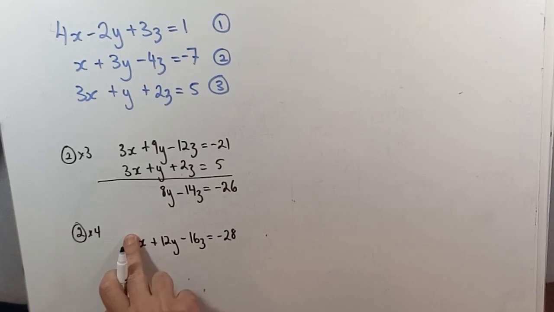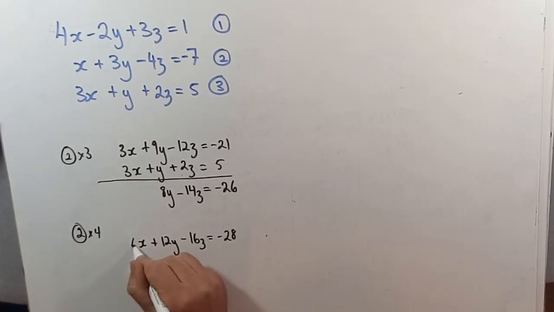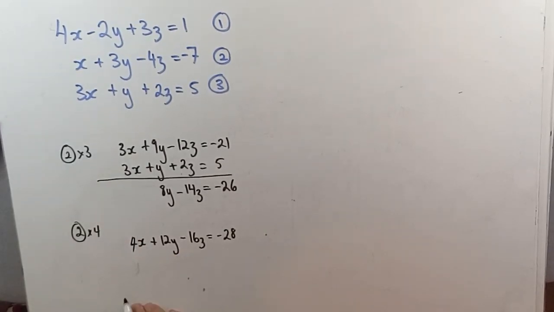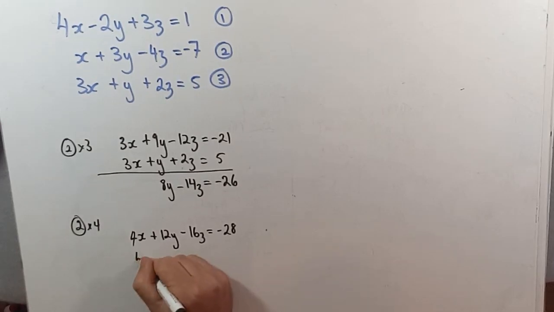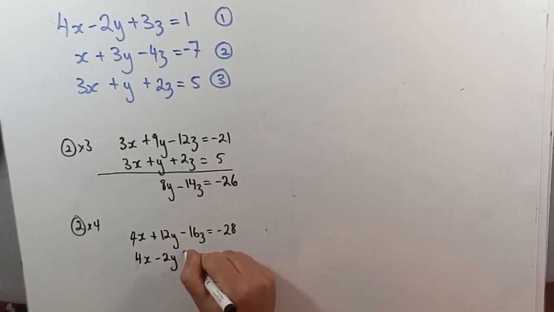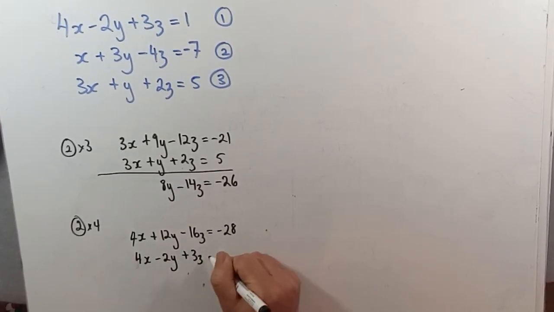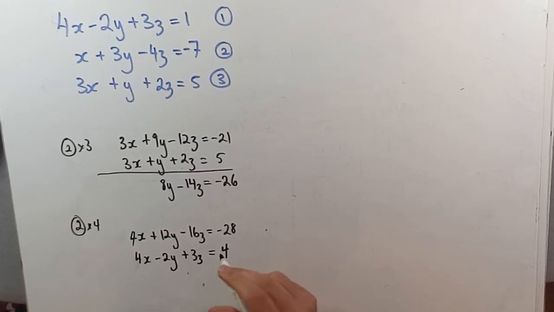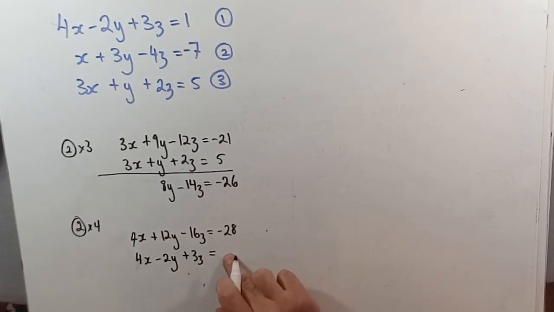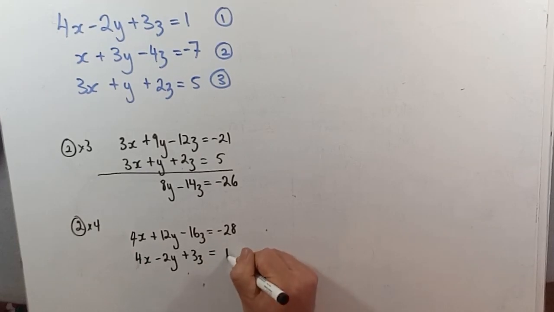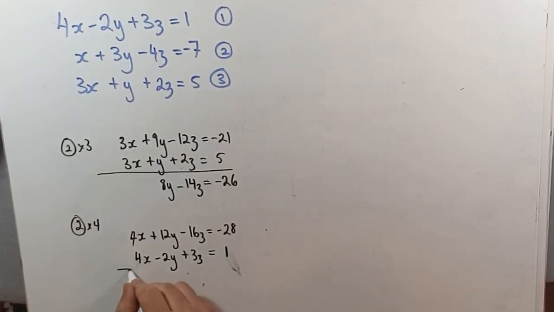That's not 3x, it's 4x. Good. And then we've got equation 1, which is 4x minus 2y plus 3z equals 1. Not multiplying this one by anything.